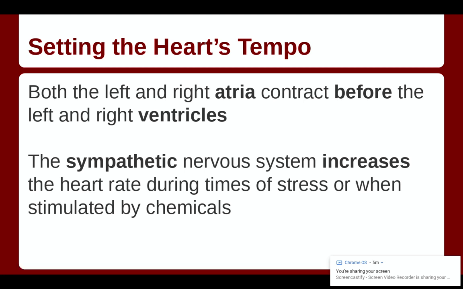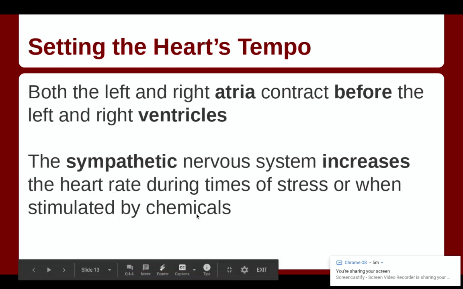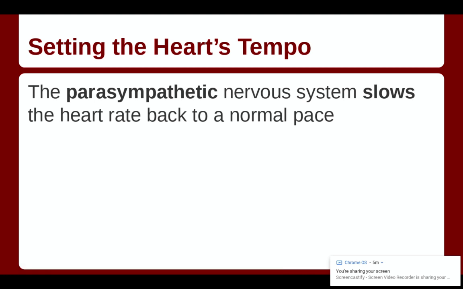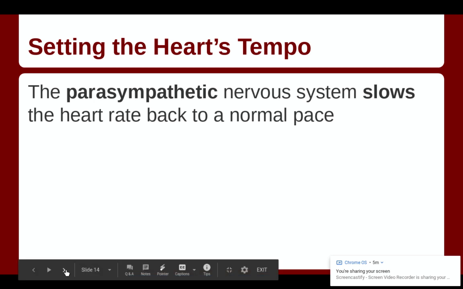Both the left and right atria contract before the left and right ventricles. Okay, the sympathetic nervous system increases the heart rate during times of stress or when it's stimulated by different chemicals. The parasympathetic nervous system slows the heart rate back down to a normal pace.